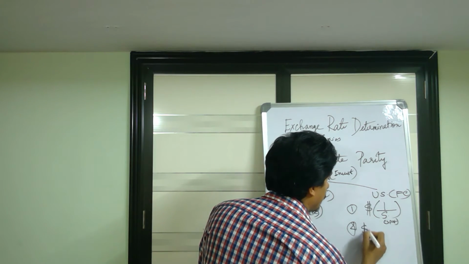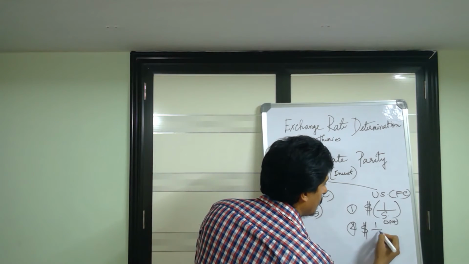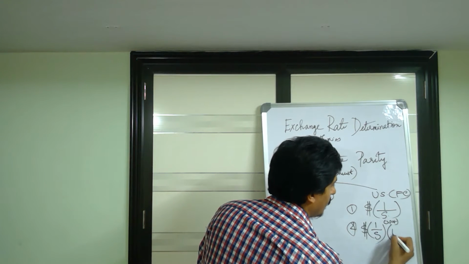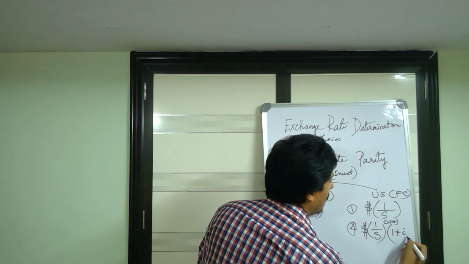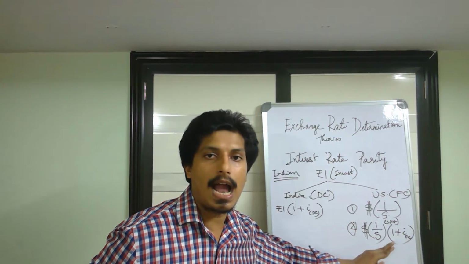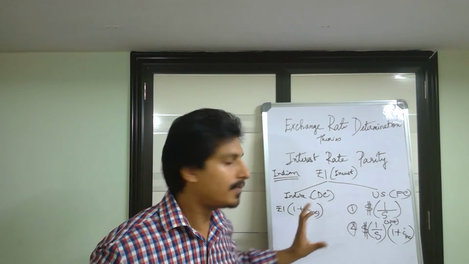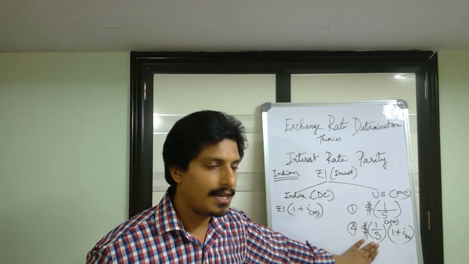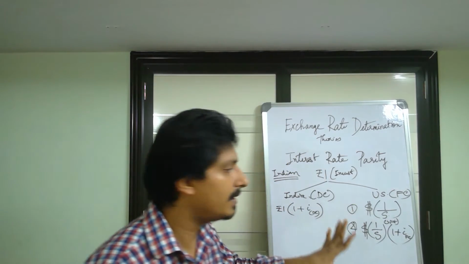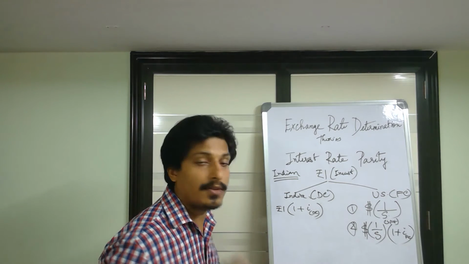Dollars will be invested: 1/S into (1 plus I) in the foreign country. This is what you will get at the end of 1 year. First part is the conversion of rupee into dollar at this rate, and whatever value you get, you will be investing it at this rate and you will be earning some interest. This is what you will get at the end of the year.